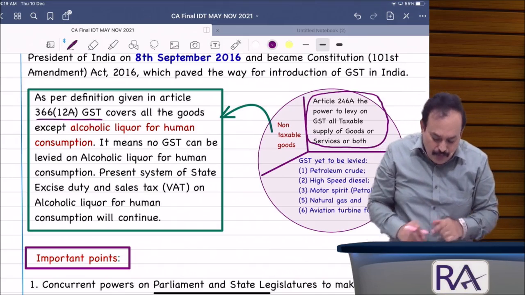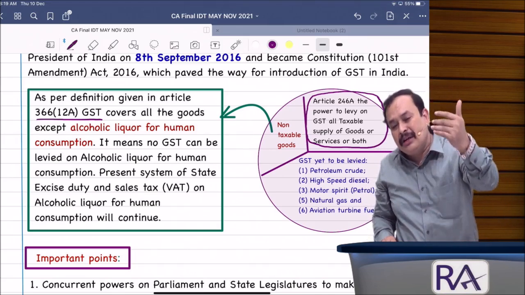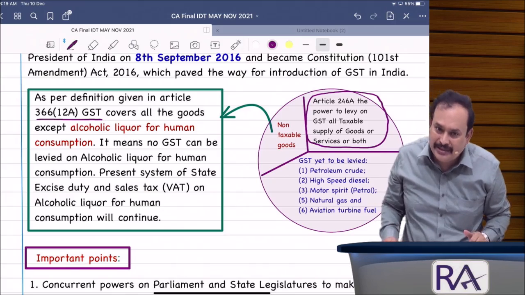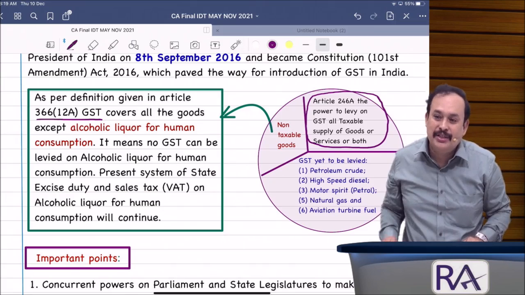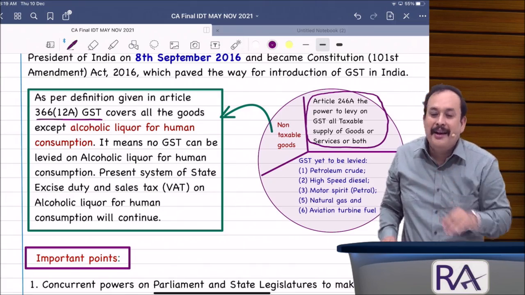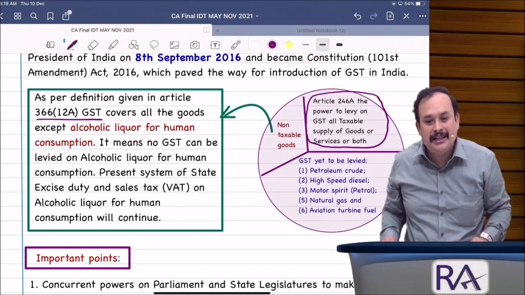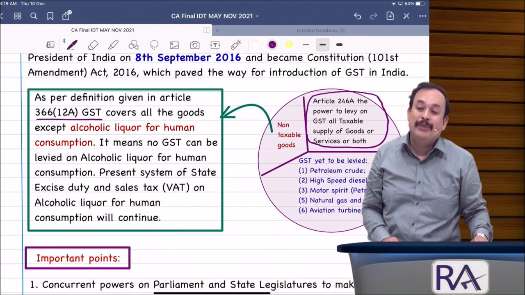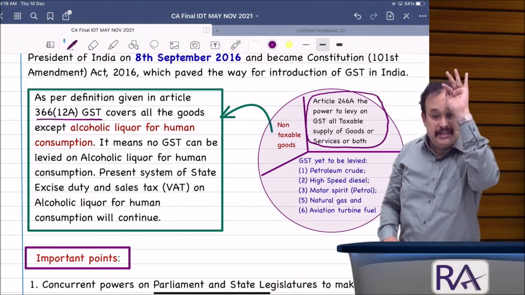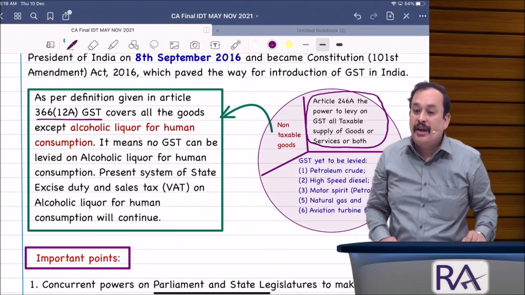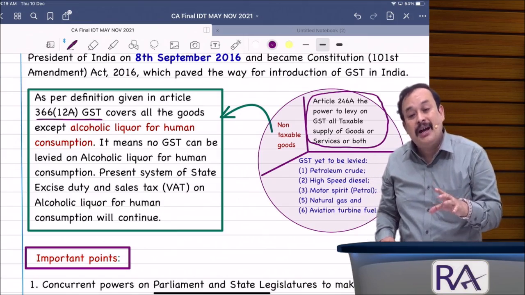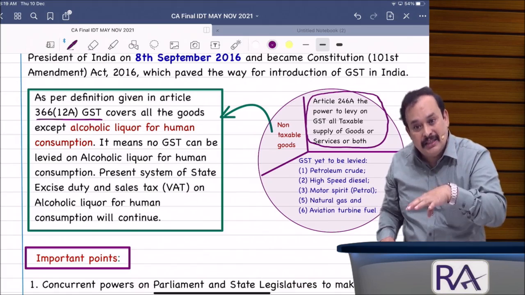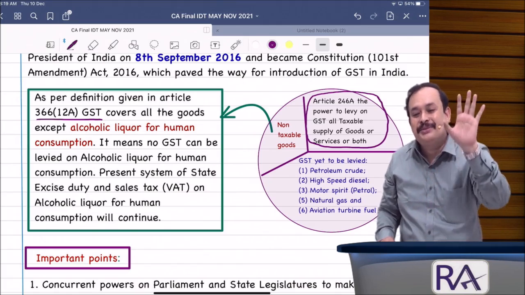So, what is going to be levied on supply of liquor meant for human consumption? The old regime of VAT, value added tax, which continues to be levied on sale of liquor. And moreover, for kind consideration, my dear, as per List 2, the state list of the Constitution of India, the power to collect the tax on such sale of liquor is given to state governments.